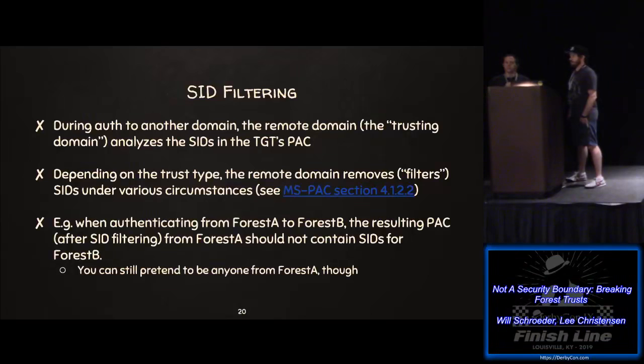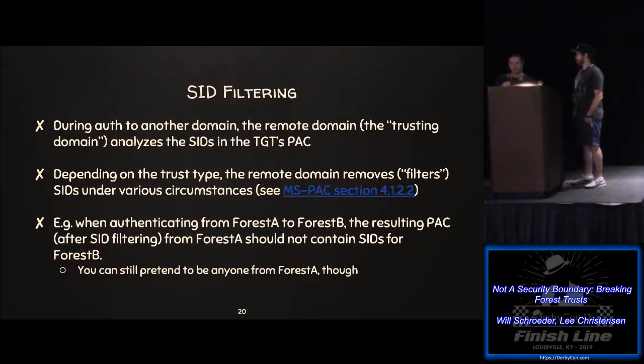A good example of this is, let's say I have my own forest and Will has his own forest. If I try and authenticate into Will's forest, I could claim that I have SIDs from maybe the enterprise administrators group for Will's forest. But when I try and authenticate over there, SID filtering is going to remove the enterprise admin SIDs from my group SIDs or my extra SIDs.